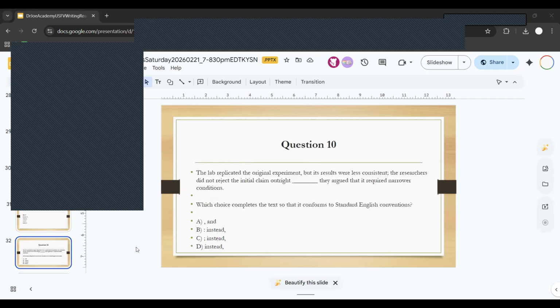The lab replicated the original experiment, but its results were less consistent. The researchers did not reject the initial claim outright.